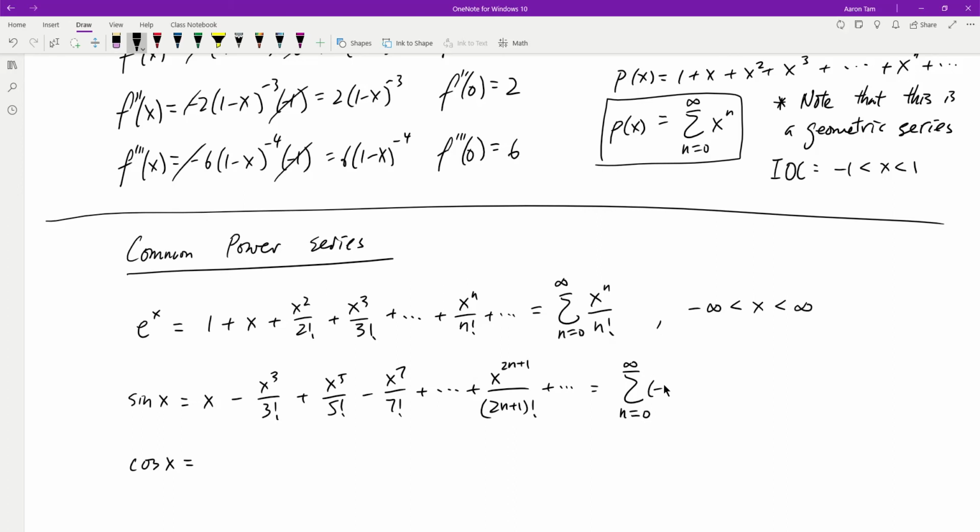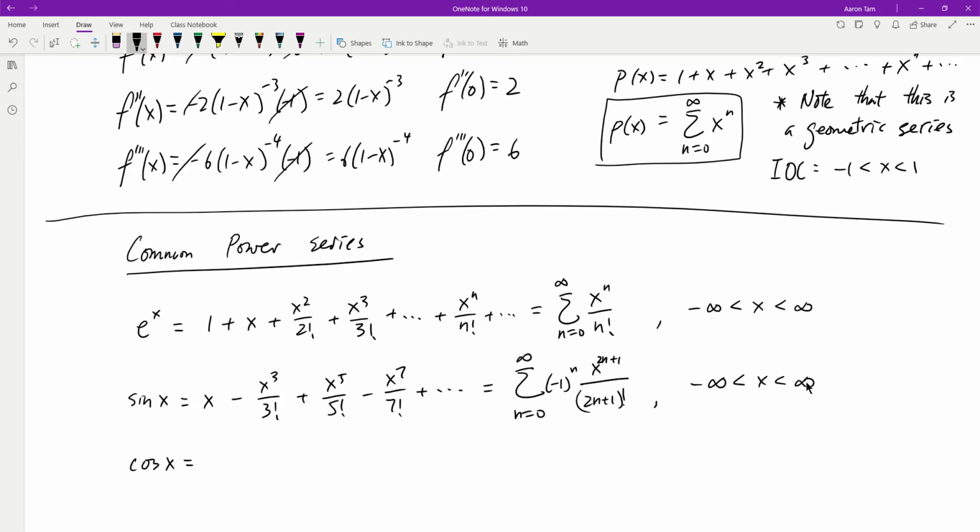Because it's alternating, it's negative 1 to the n. That's actually what I missed here. Negative 1 to the n, right there. You know what? I'm just going to take out the general term because I'm going to write that in the summation anyway. So if you want to see the general term, look at the summation: negative 1 to the n, x to the 2n plus 1 over 2n plus 1 factorial. And the interval of convergence for sine x is negative infinity to positive infinity.